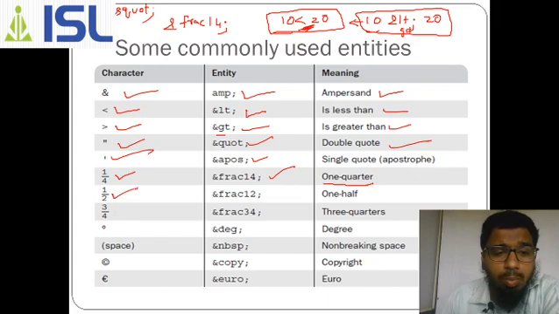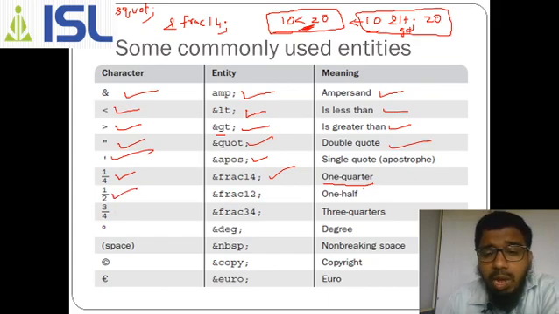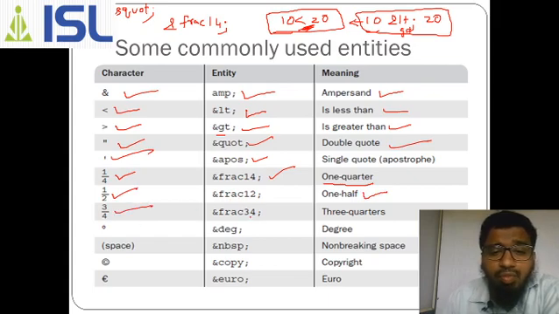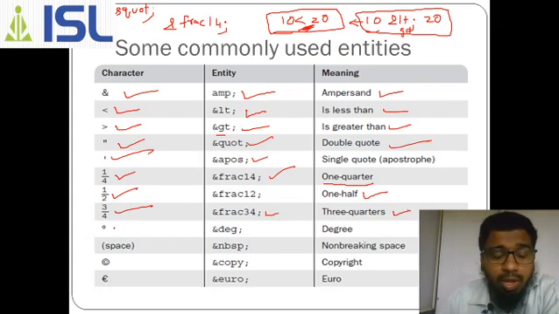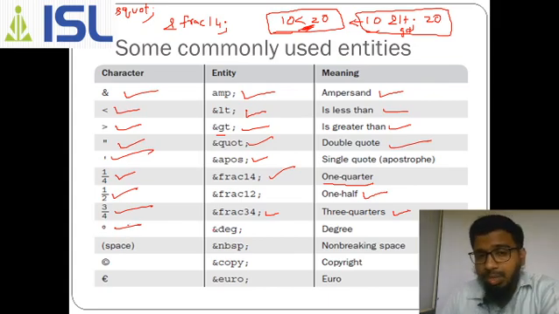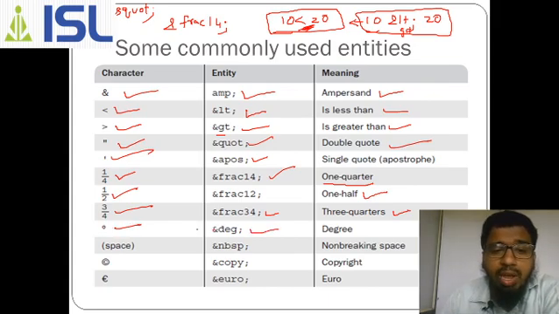If you want 1 by 2, this is &frac12; and this is half. If 3 by 4, &frac34; three quarters. Okay, and if you want to display like this, degree, you must use &deg; that is degree.